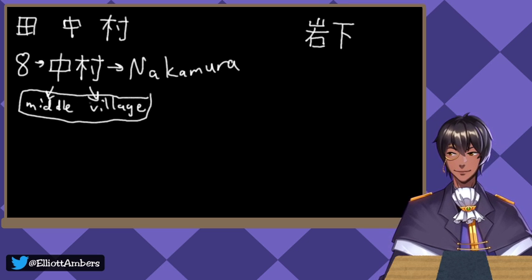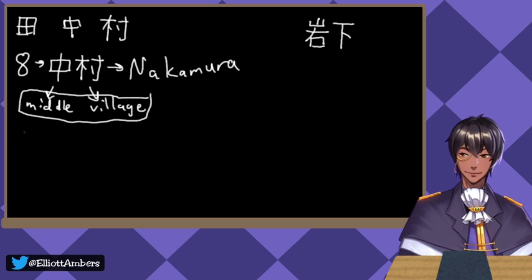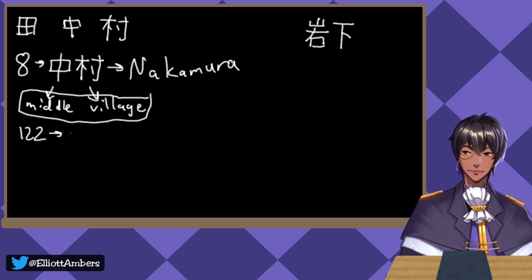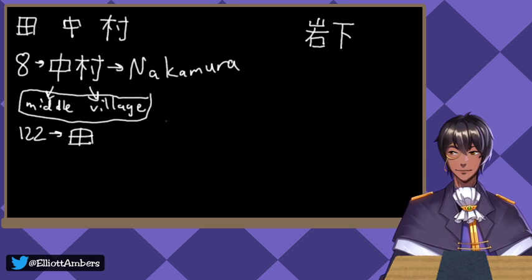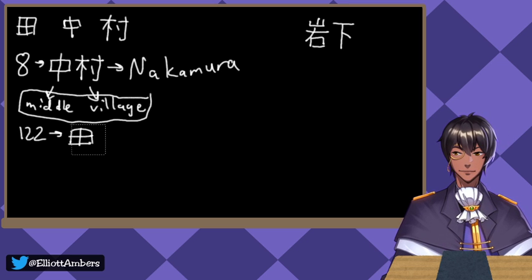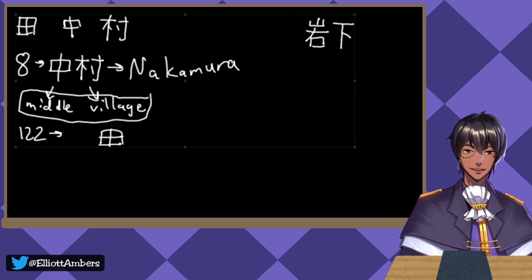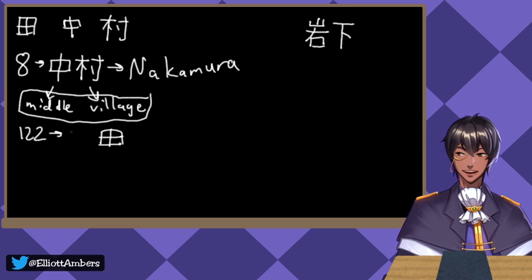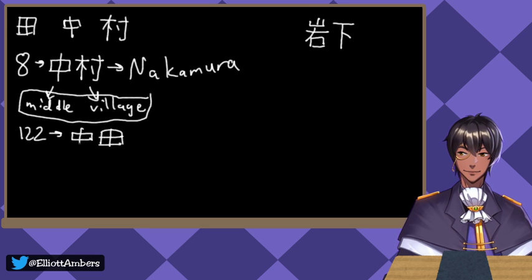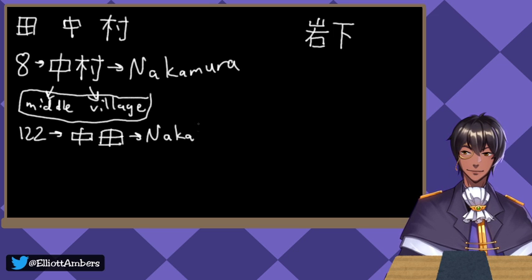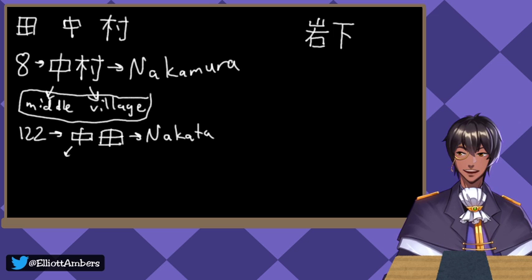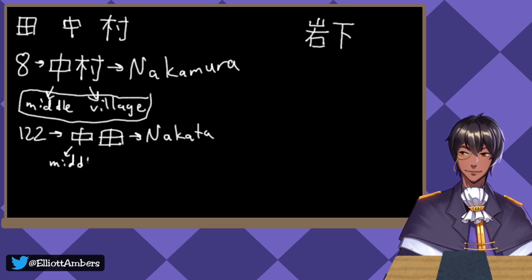Nakamura means middle village. If we pick a name like this, center and rice field, we get Nakata, which means middle rice field.